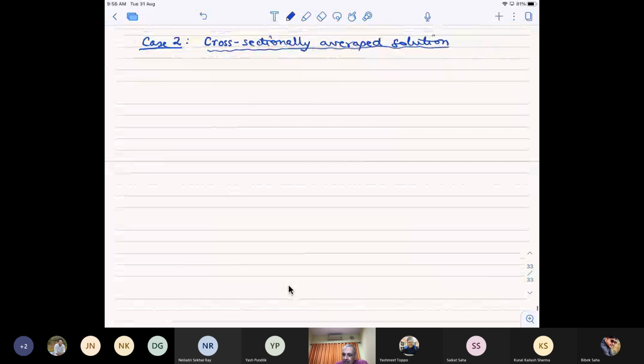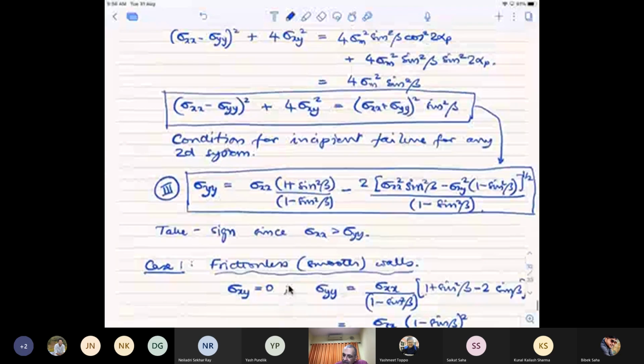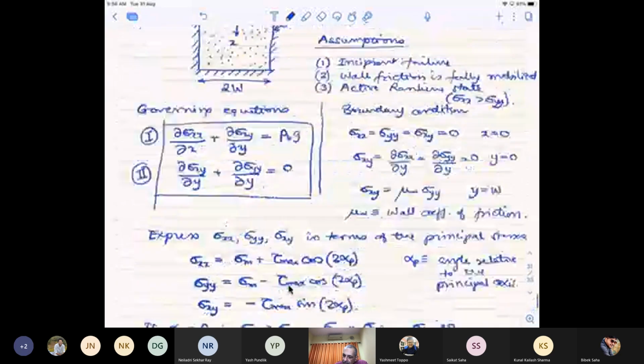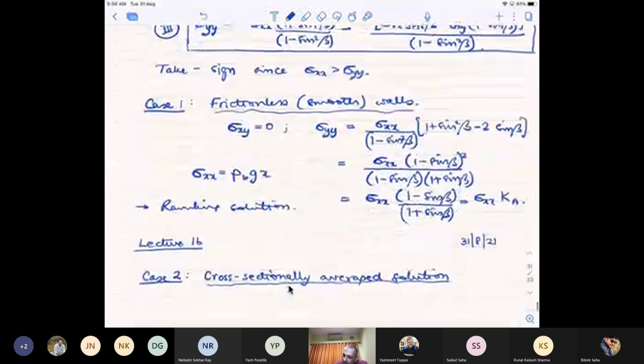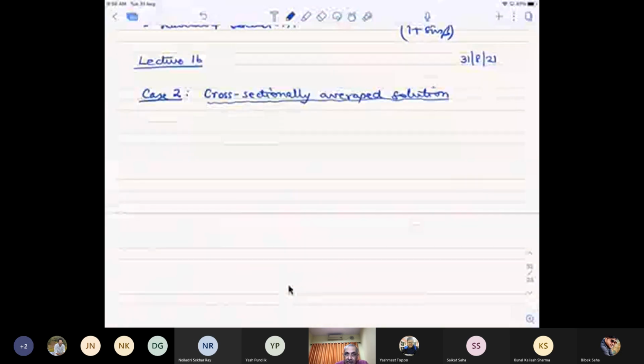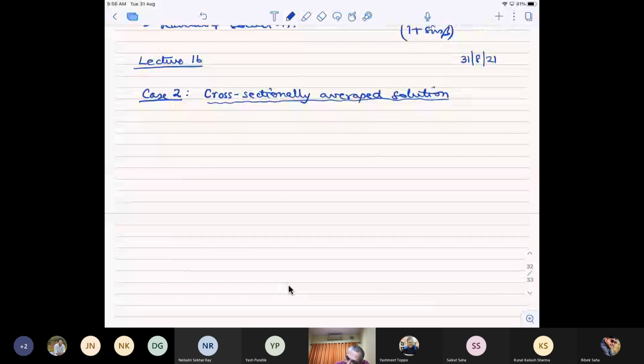So what we'll do is, let us look at equation number 1. This equation, which is the X stress balance. So we have this del sigma xx by del x plus del sigma xy by del y is equal to rho b into g.